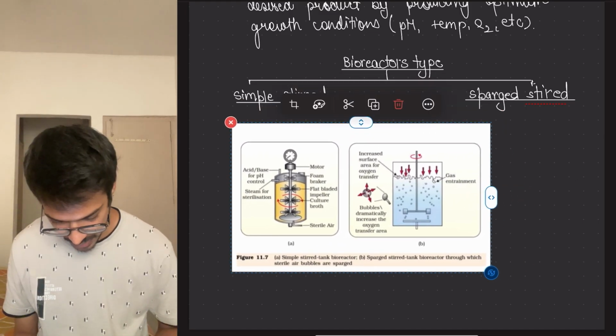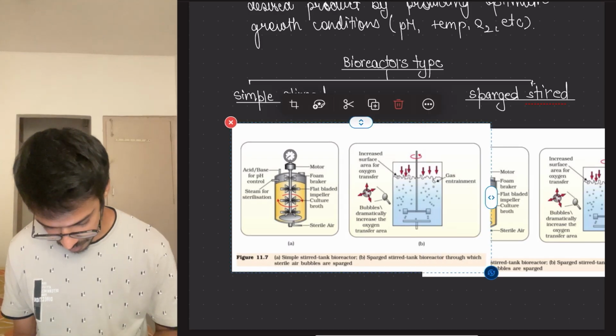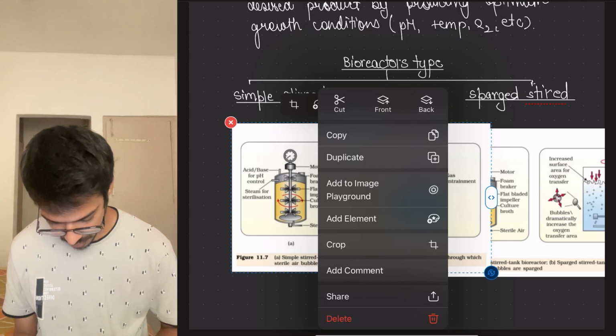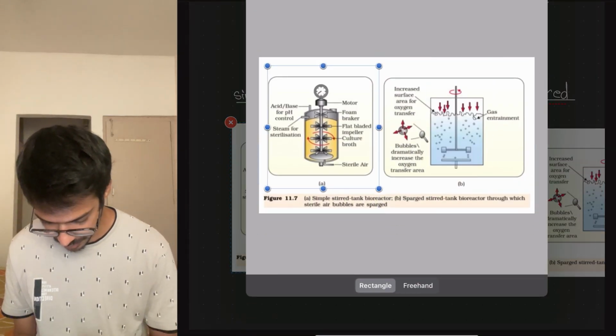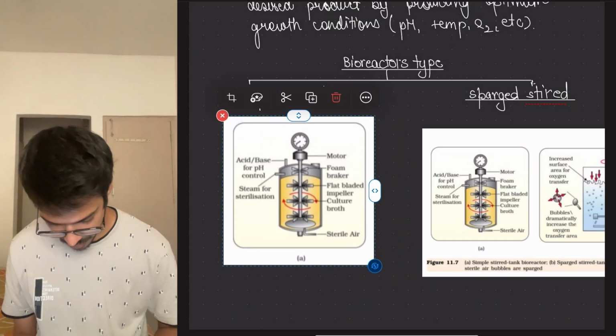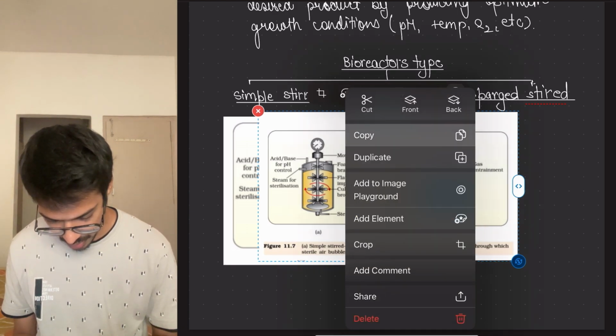So these are the ones. This is the simple stirrer, and this one is the other one.